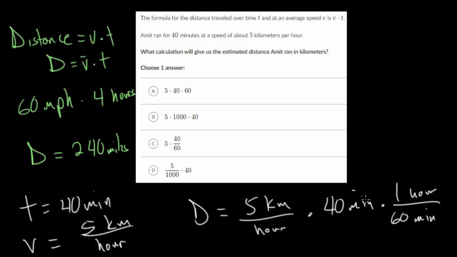That way, notice now that minutes cancel and hours cancel, and so you're just left with kilometers. But you could also just multiply it by 40 divided by 60, since that's the proportion of the hour, 2/3 of the hour. But now we can just multiply across. So 5 times 40 over 60. And I'll actually just leave it like that because that's what the answer looks like. So choice letter C would be our correct answer here.